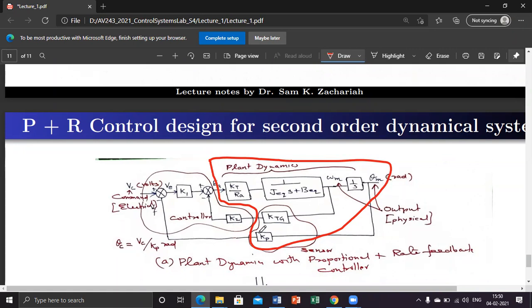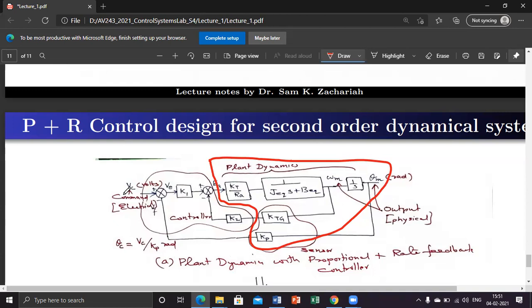That is through, again, this position sensor scale factor. We do this interpretation. The equivalent command theta c into Kp is equal to Vc, like that. Because Kp is the one which interprets shaft deflection to an equivalent voltage. Hence, the command voltage also should be interpreted by the same scale factor.